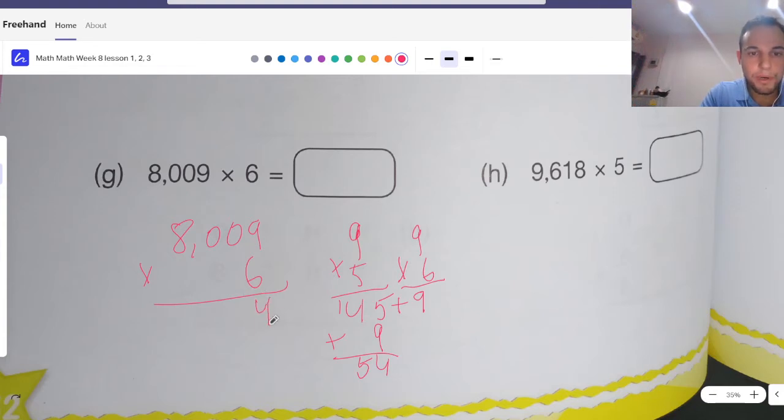So let's put a 4 here and a 5 here. 6 times 0 is 0. But 5 plus 0 is 5. So now we have 6 times 0 again. It stays 0. And 6 times 8. 6 times 7 is 42.